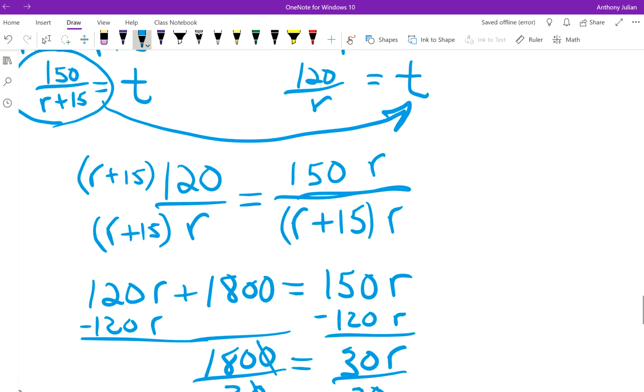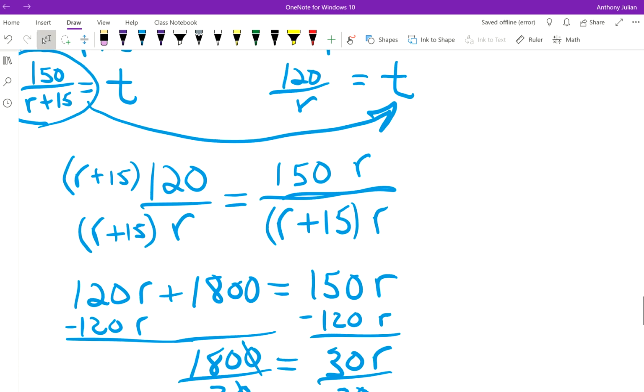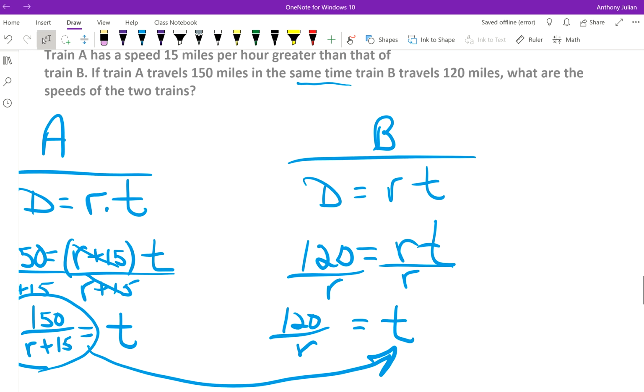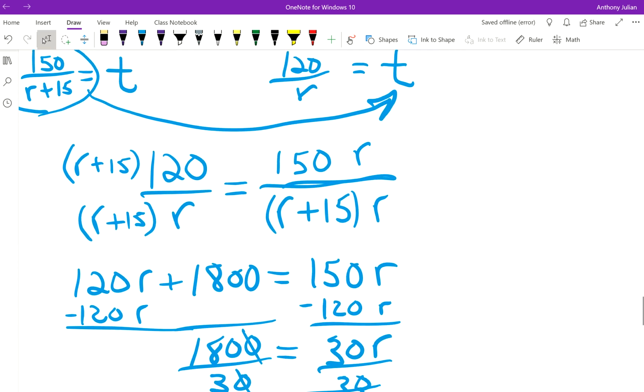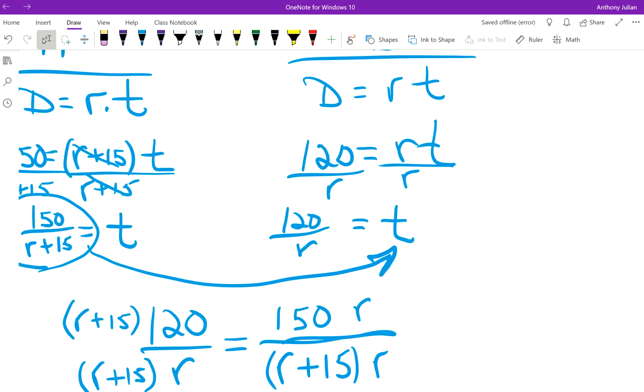And then if they wanted to know, I think they do, what are the speeds of both the trains? Let's see, what are the speeds of the two trains? Well, I can come over here and see where I had it originally, the R plus 15. So if R equals 60, one answer is R equals 60 for one of the trains.